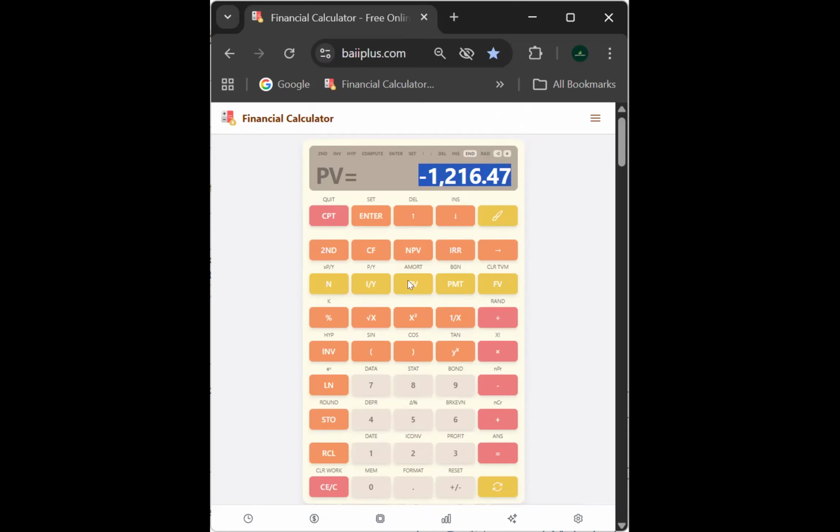And what if the interest rate changes? How will the present value change? If I say the interest rate is 10% from 5%, and I compute the present value, the investor is only willing to pay $1,000 for the bond, and this means the bond is issued at par.